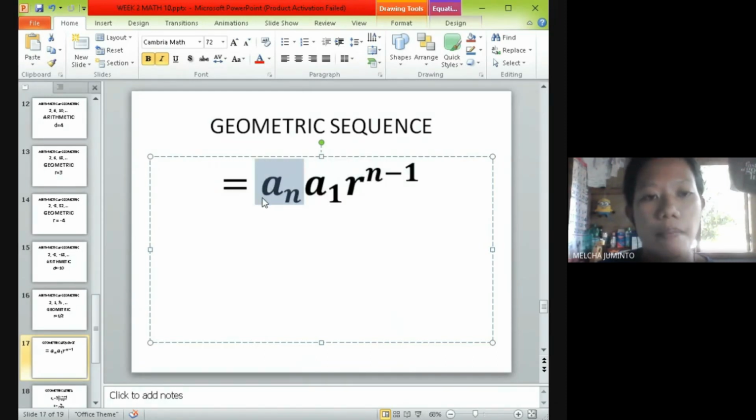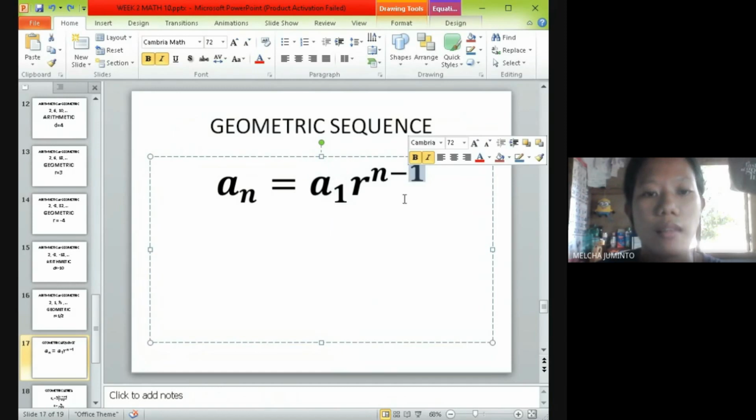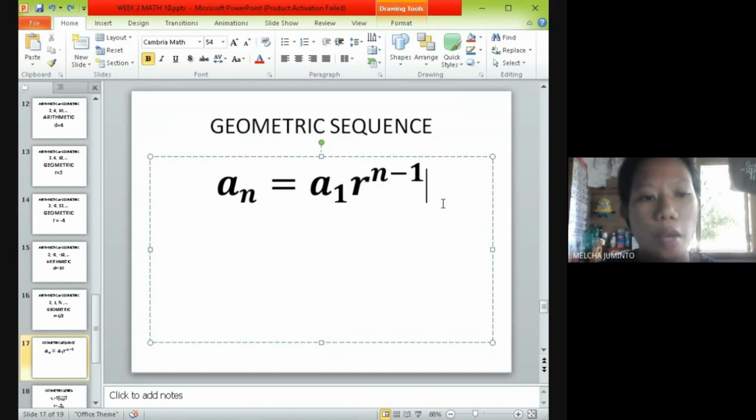This means the nth term or the last term. a sub 1 is the first term. r is the common ratio. n is the number of terms. Minus 1 is constant. So we will use this formula every time we are asked to find the term of the geometric sequence, or also to find geometric means.